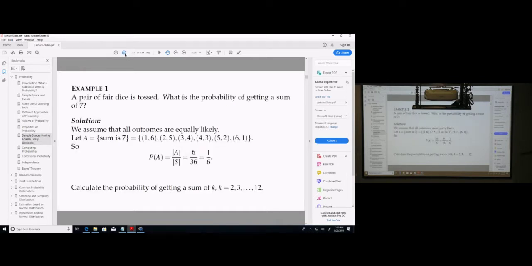Okay, a pair of fair dice is tossed. What is the probability of getting a sum of 7? This is by enumeration. So I have 1, 6, meaning that the first die gives me 1, the second gives me a 6, and I have 2, 5. They all add up to 7.